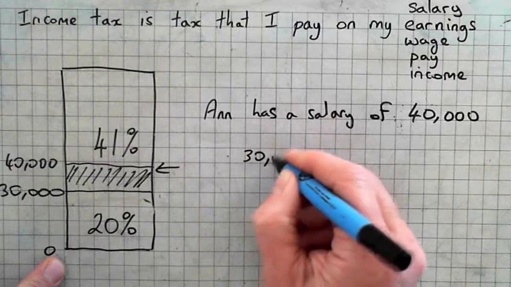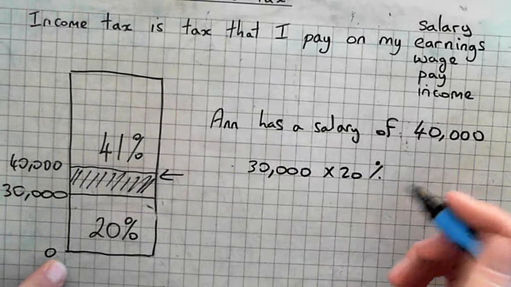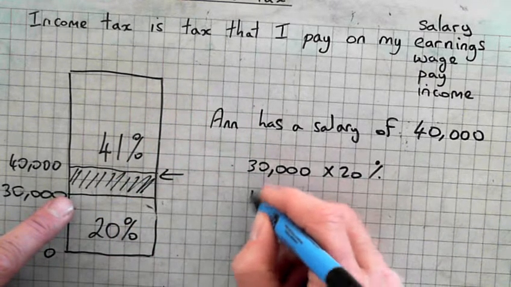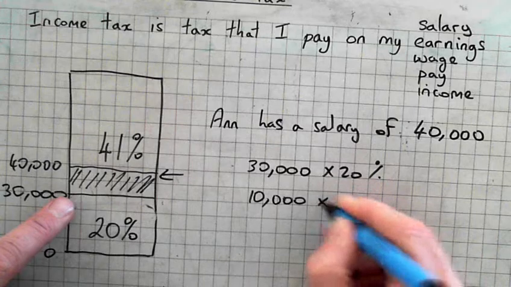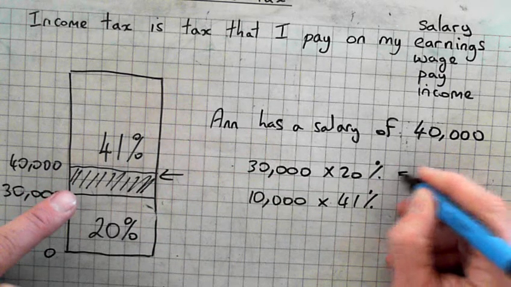So 30,000 is the cut-off point times 20%. And then how much did she go over that 30,000 by? 10. So 10,000 by, what's the higher rate? 41%.